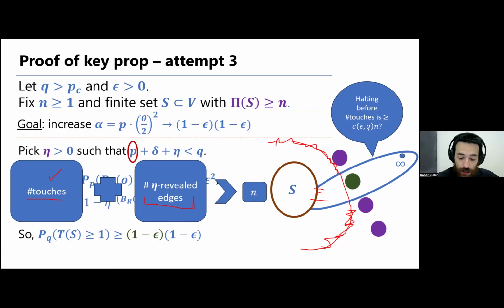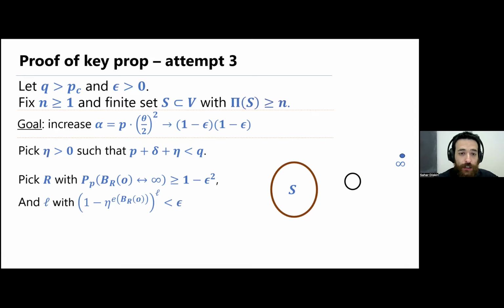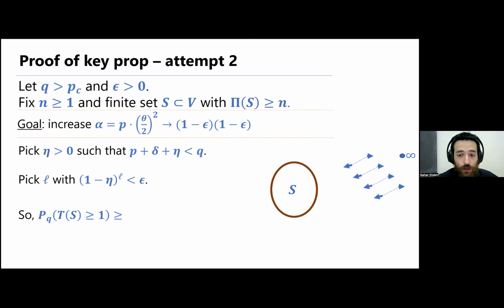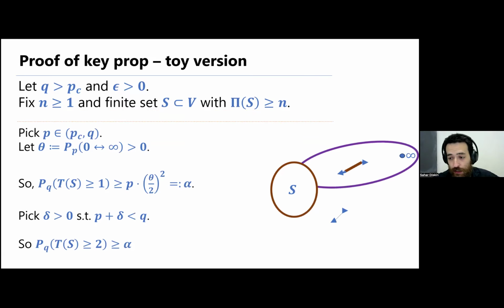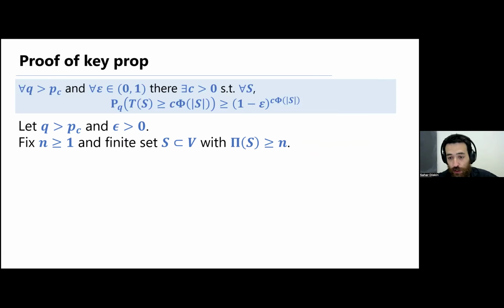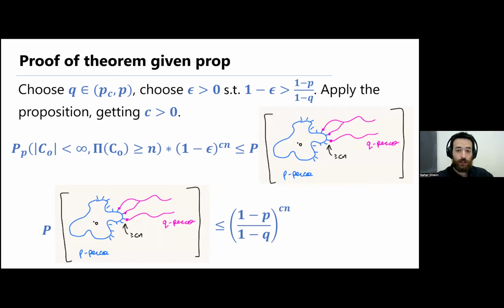But I think the key difficulty is actually in trying to find an analog for this argument that we had here, if we want to do it for FK. So this is no longer true. It's unclear how to find something equivalent to this event. And in general, this is one of the key difficulties.